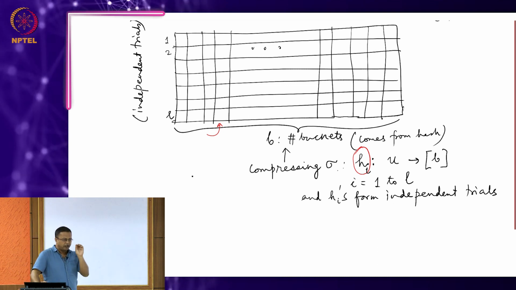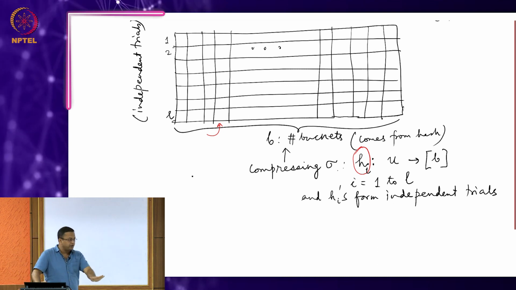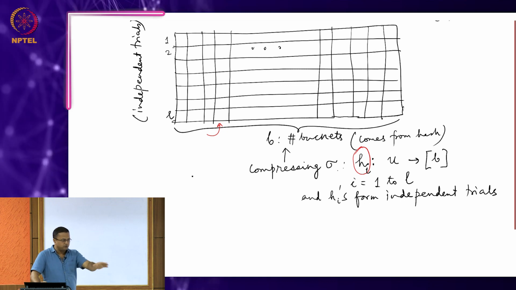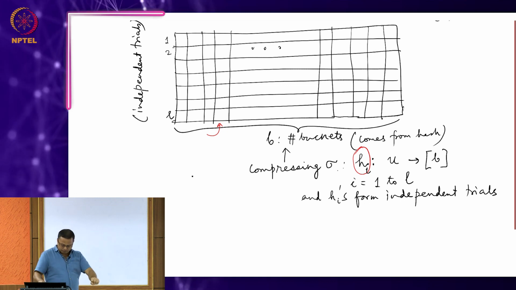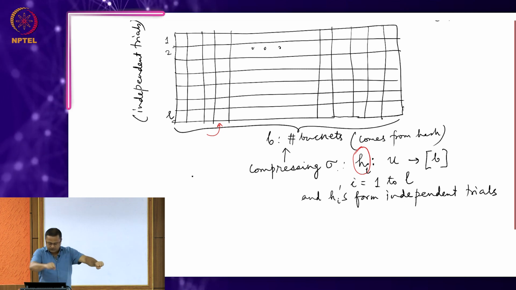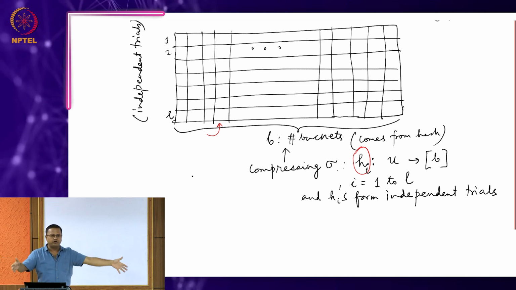Each hash function has a level of independence in it, 2-wise, 3-wise, k-wise, whatever it is, but the L hash functions are again independent of each other.